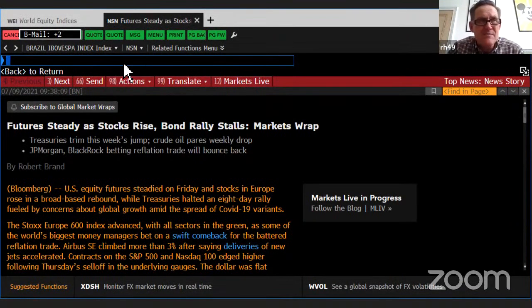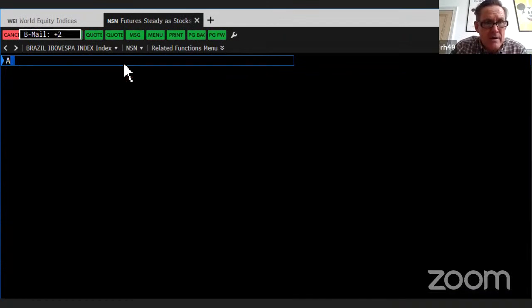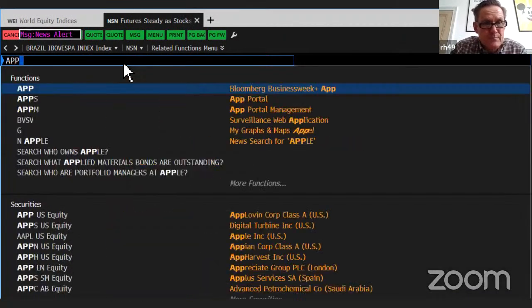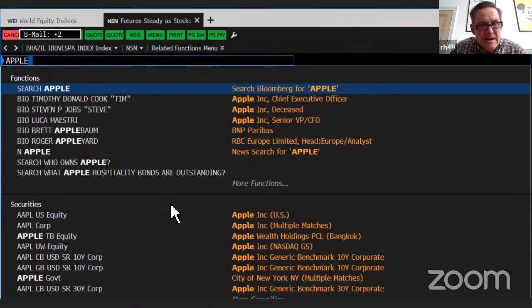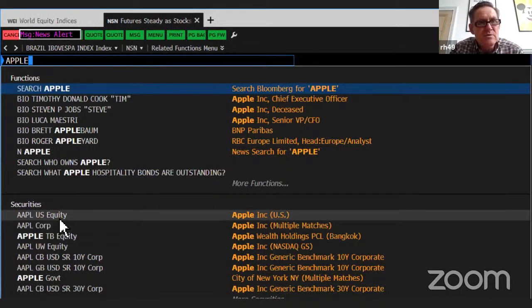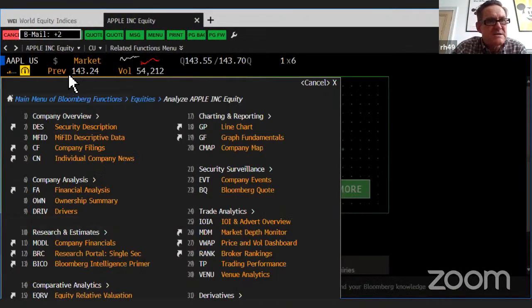So if we want to find out something about a company, let's think of something like Apple, for example. If I search for Apple, you can see it comes up with Apple US equity. And so this will give us a page which tells us something about the Apple Corporation. We hear something about the overall performance.